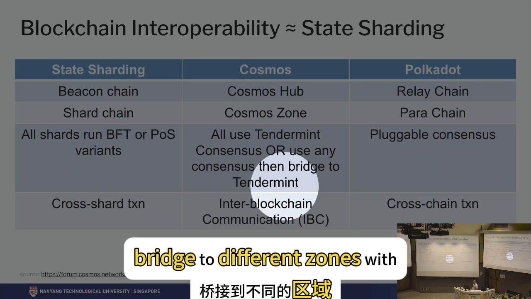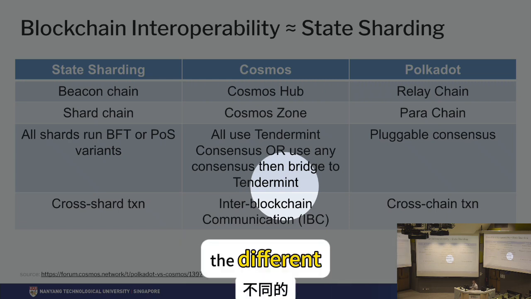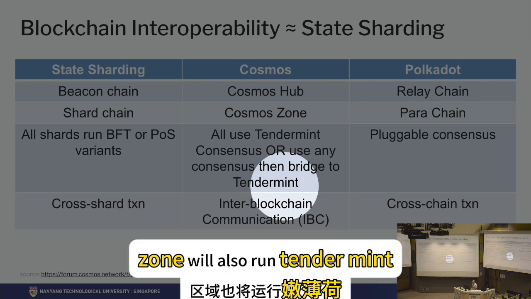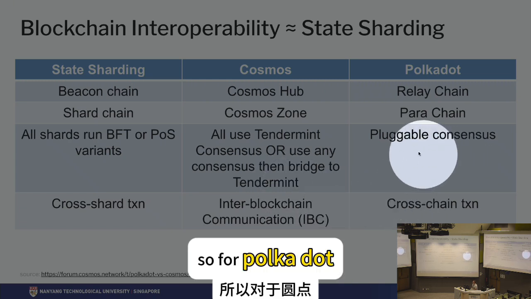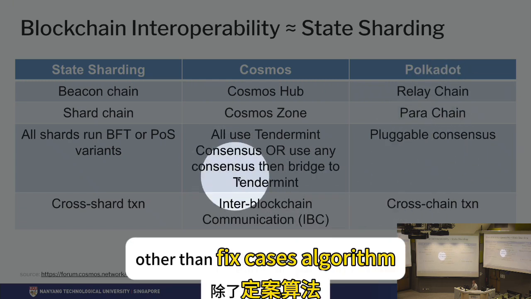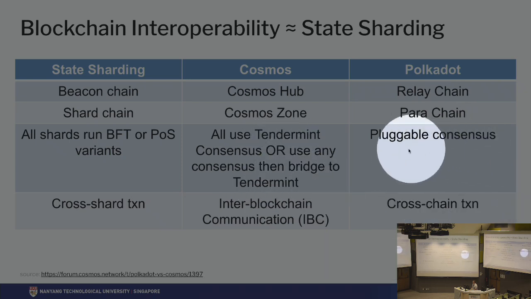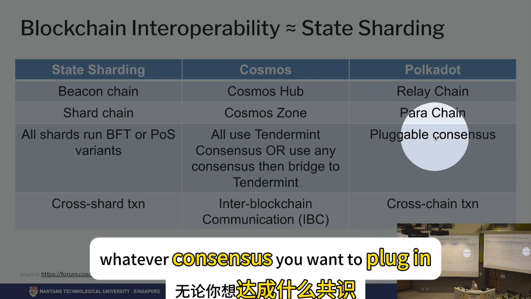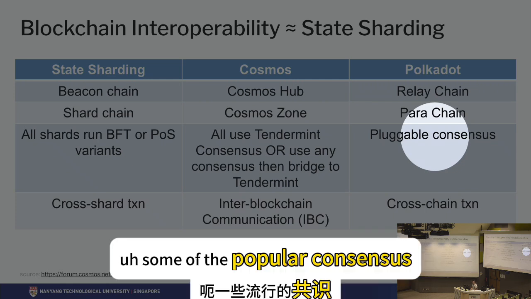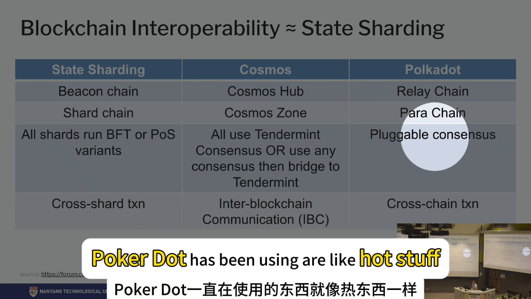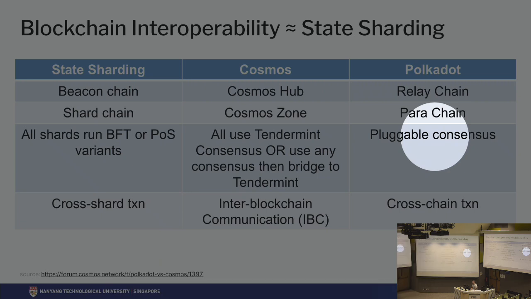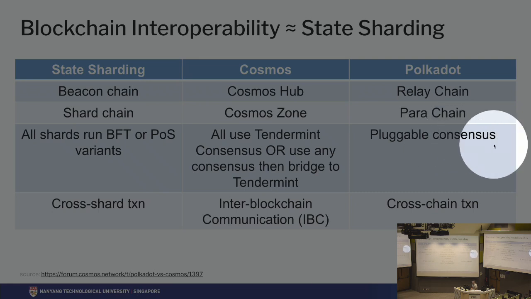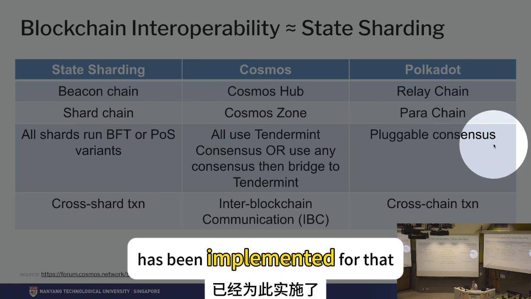Zones bridge to different zones with Tendermint, and the different zones will also run Tendermint. For Polkadot, rather than fixing a consensus algorithm, they let you choose whatever consensus you want to plug in. Some of the popular consensus algorithms Polkadot has been using are like HotStuff, BFT for sure, and a few have been implemented for that.